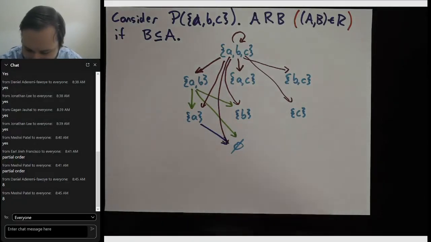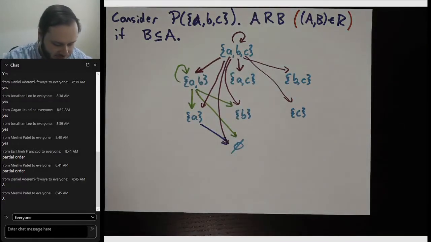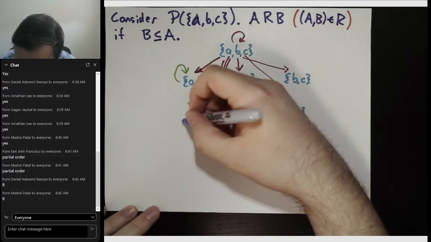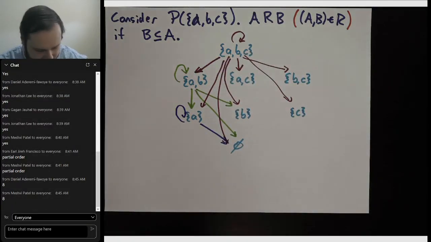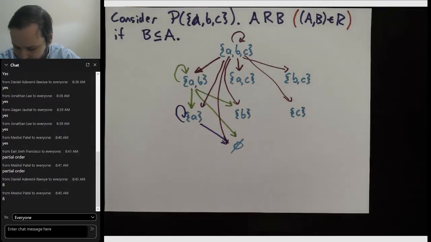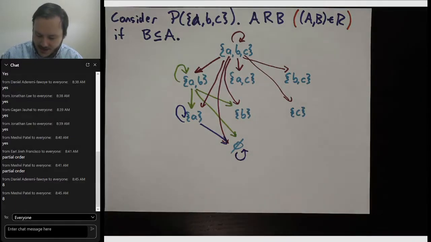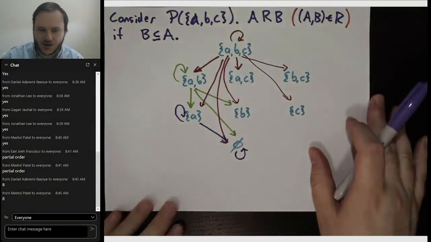Also, AB has an arrow to itself, and A has an arrow to itself. And also the empty set has an arrow to itself. And I've only done half the diagram, and already it's pretty hard to read.